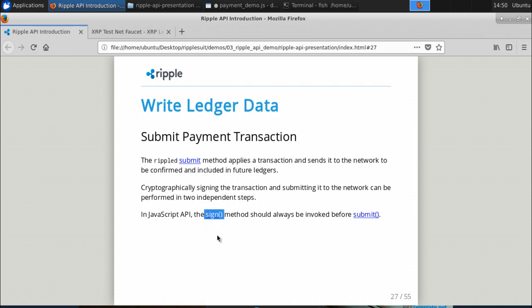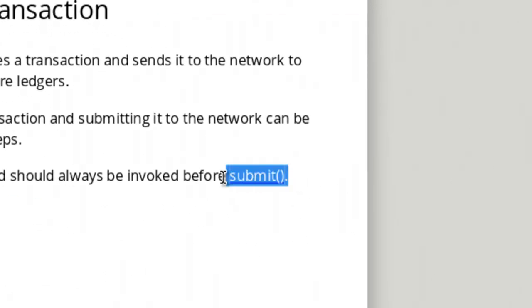As you know, every account has a master key and multiple standard keys, and any type of transaction you submit has to be signed by either your master key or your standard key. So the sign method will sign the transaction, and it has to happen before you do the submit, otherwise your transaction will fail.